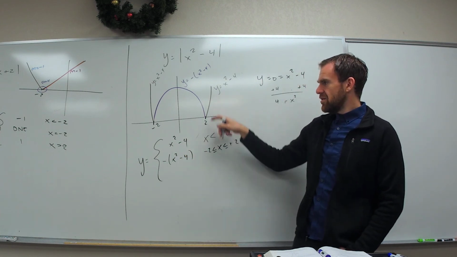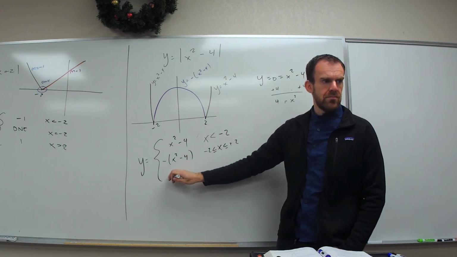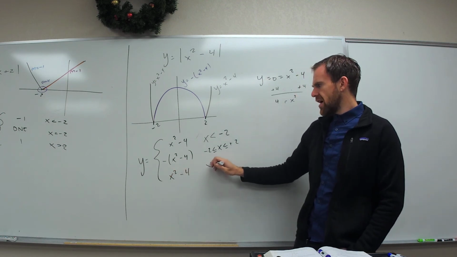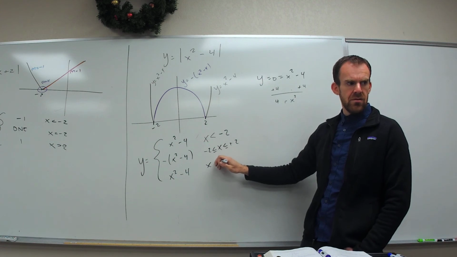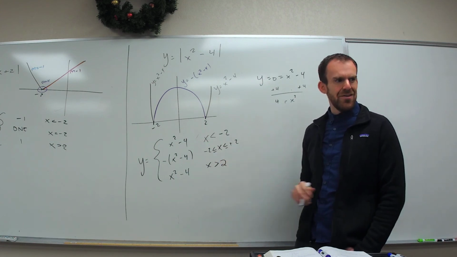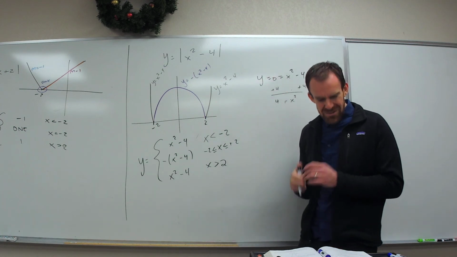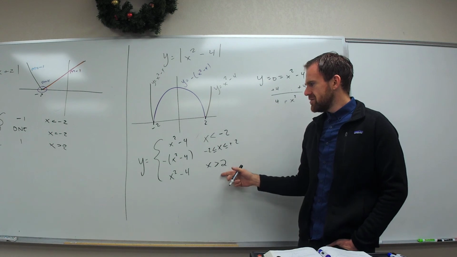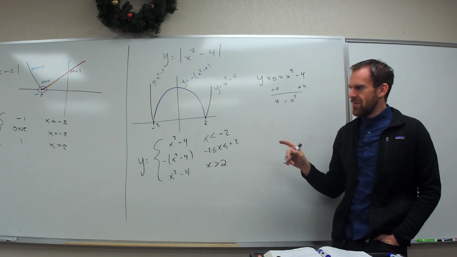And then over here, it follows which function? x squared minus 4, for x greater than 2. Good. You got this, man. You gotta want it. Okay, so that's the original function.